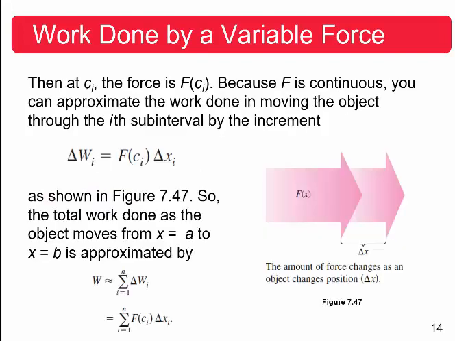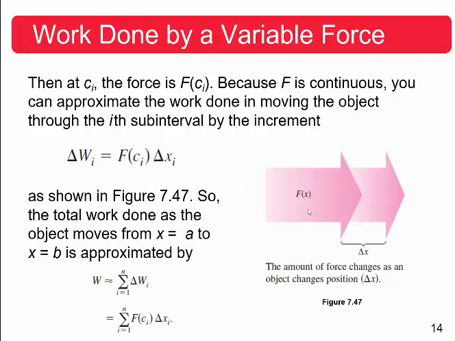Then at that c_i, we can denote the force as f of c_i. Because f is continuous, you can approximate the work done by moving the object through the ith subinterval by this increment. So delta work, the change in work here, is equal to f of c_i times delta x_i, the incremental change in x.